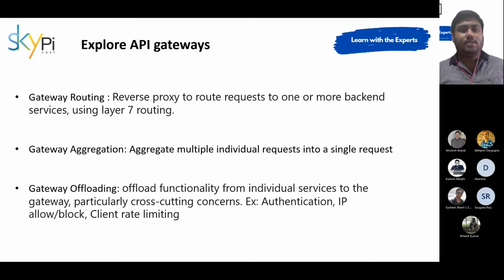So that was aggregation. We can also do gateway offloading, which is offloading functionality from individual services to the gateway, particularly cross-cutting concerns like authentication, IP allow or block, or client rate limiting. So these are some functionality that we would like in our APIs, like authentication.